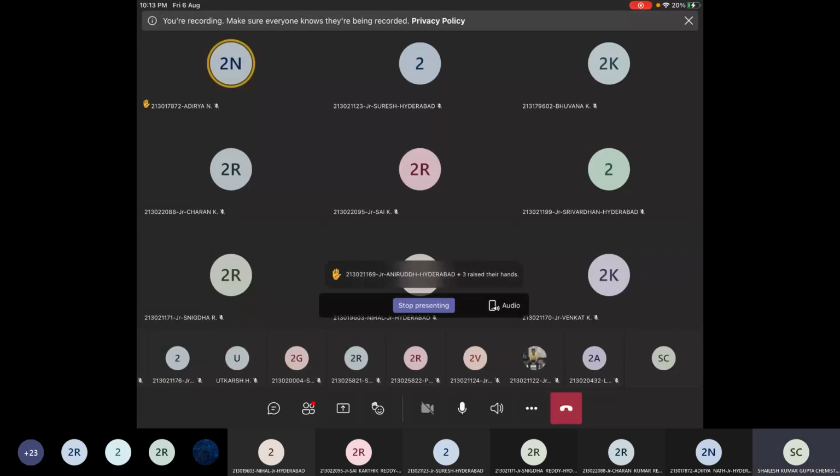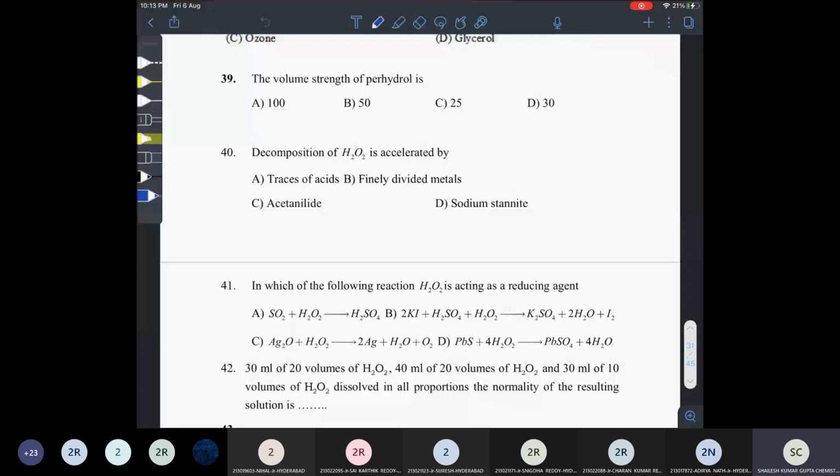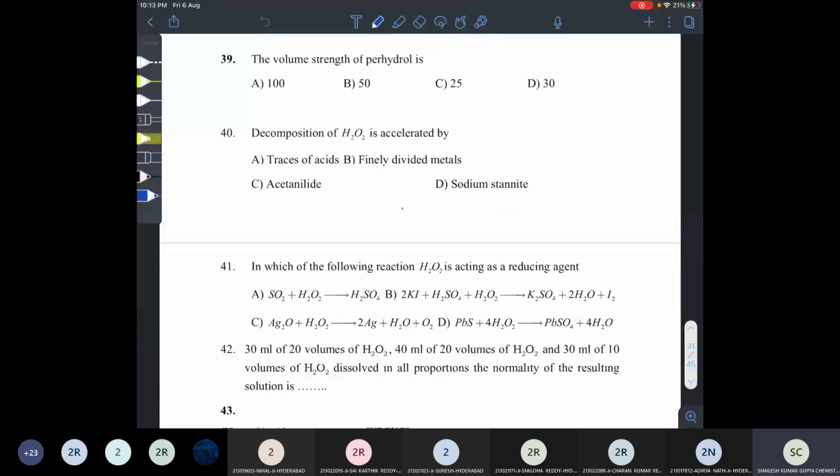See, the complete redox will be explained by anyone who will be teaching you the physical chemistry, right? For now, I can just guide you so that you will not face trouble. Just please listen very carefully. H2O2, whenever it was acting as an oxidizing agent, you remember it was going from -1 to -2. Yes or no?